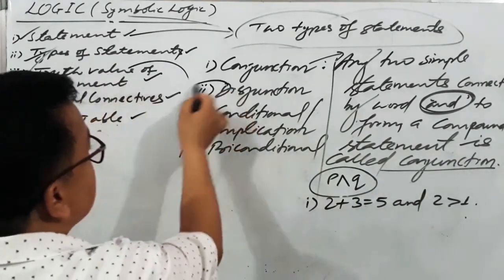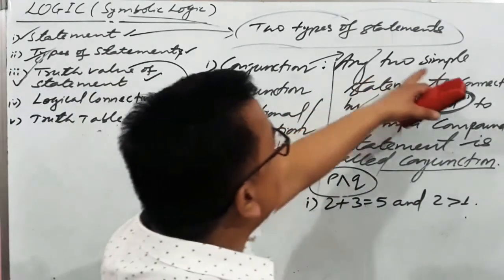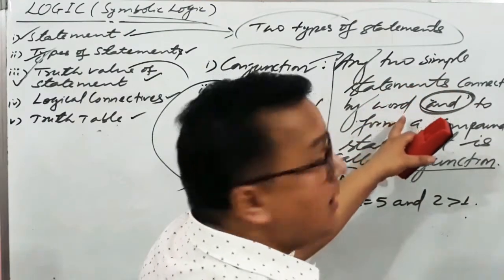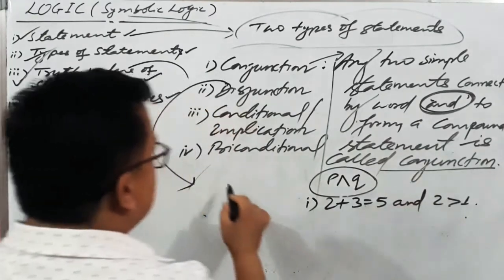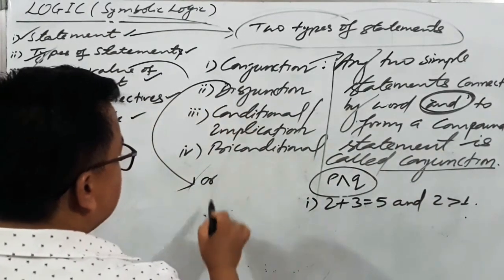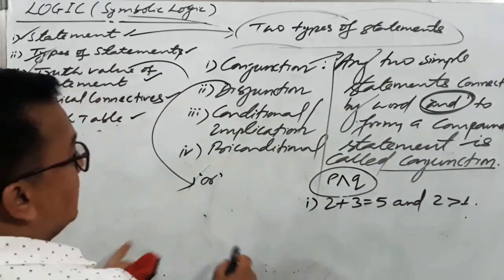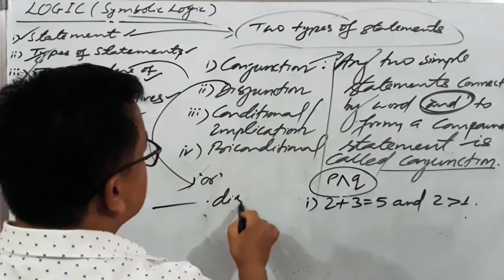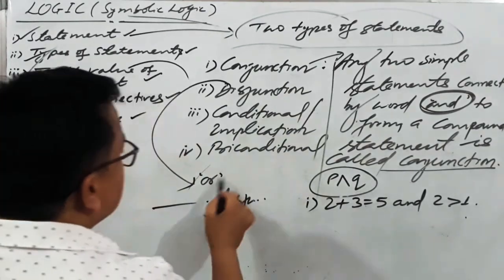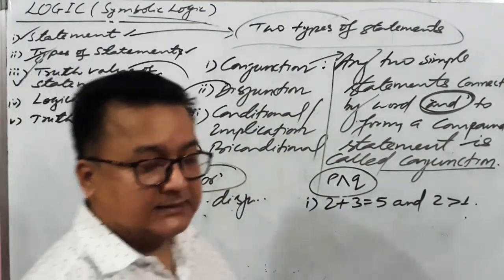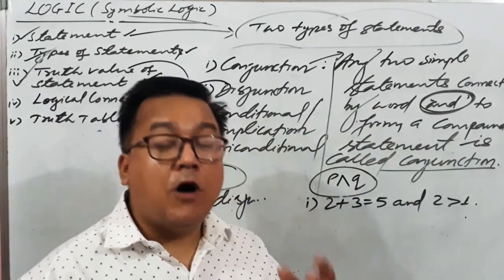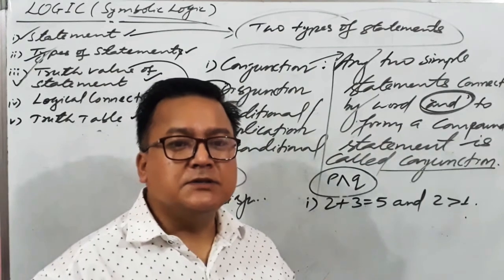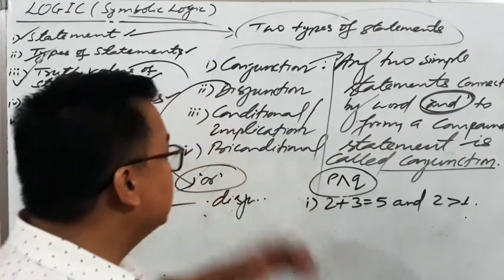Now for disjunction, everything is the same, only this word is different. Here the word is or. If we connect two simple statements by the word or to form a compound statement, it is called disjunction.